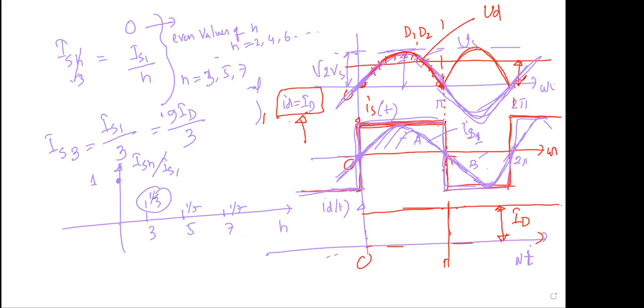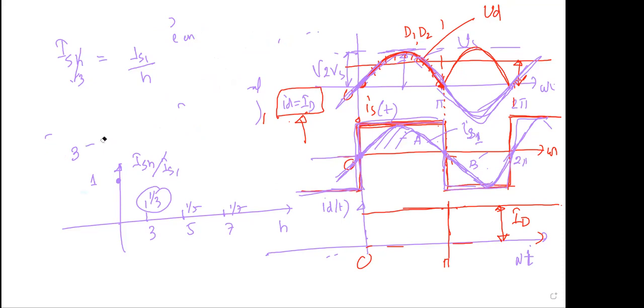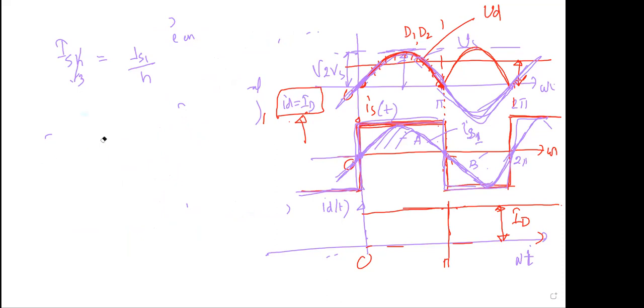Yes, sir. Okay. The other thing I want to mention here. After all, what I am trying to tell you is that we have contaminated the input current, right? It is no longer sinusoidal, rather it is a rectangular wave, not square.